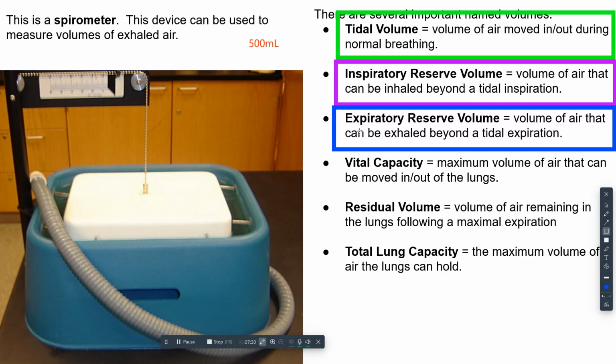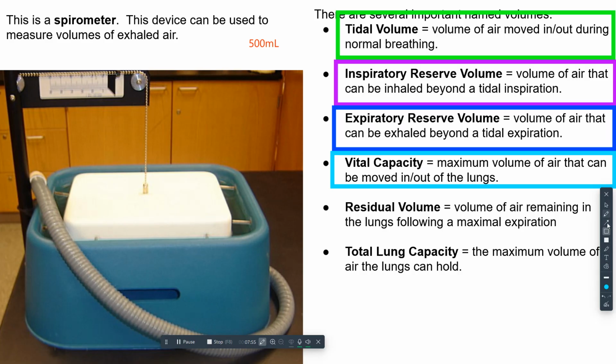Then, if you filled your lungs, you would bring that expiratory back in, bring the tidal back in, and also bring the inspiratory reserve. So the trio here is equal to your vital capacity, the maximum volume you can move in or out.